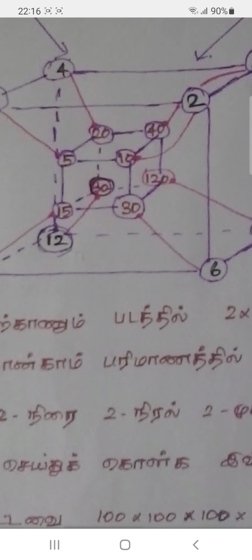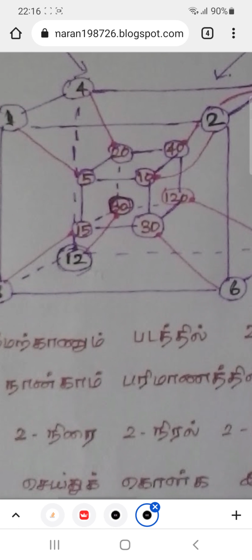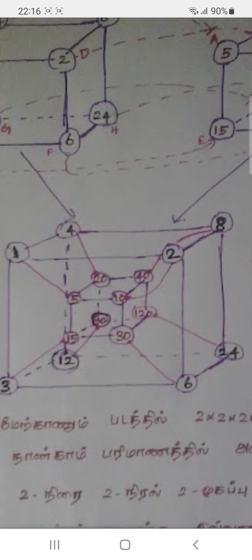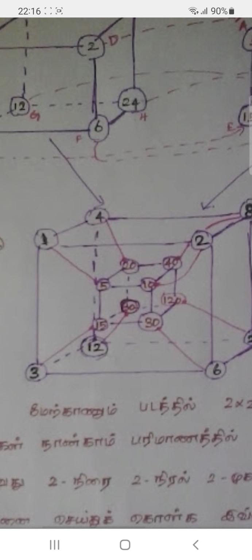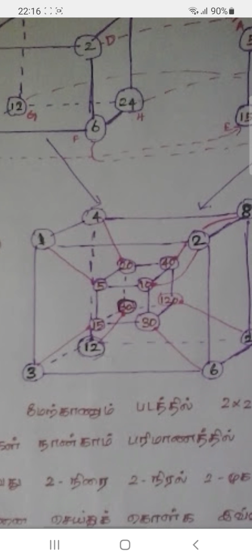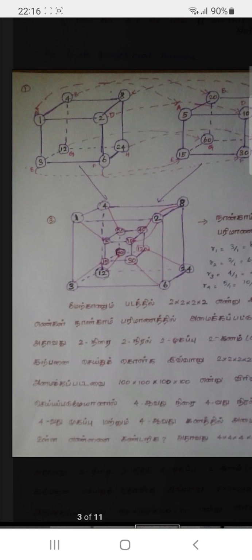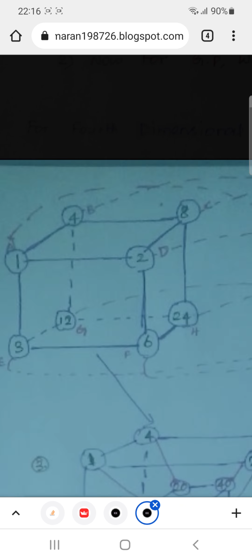So 1, 2, 3, 4, 5, 6, then 1, 2, 3, 4, and then 1, 2, 3, 6, 4, 12, 8, 24.